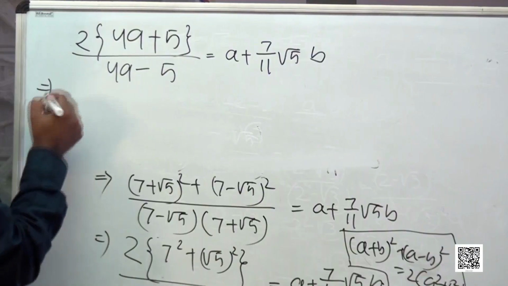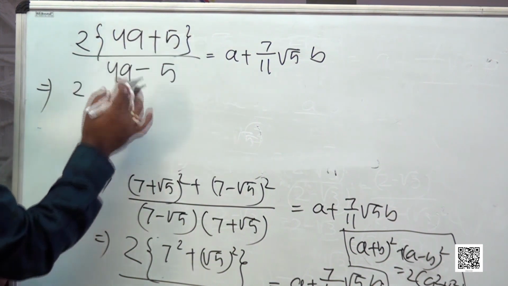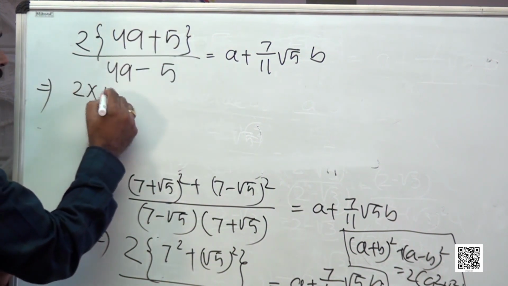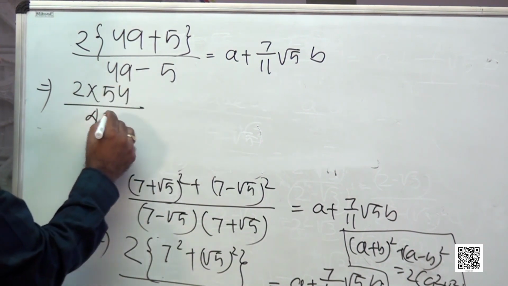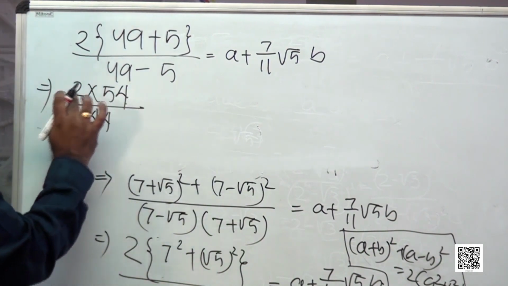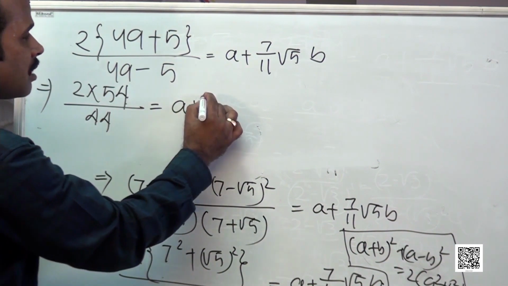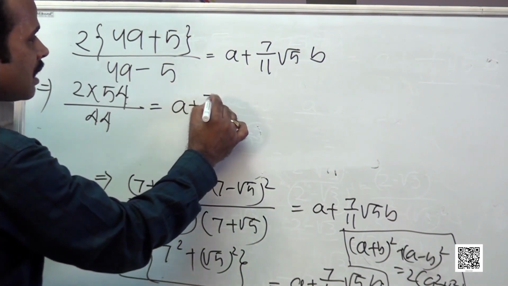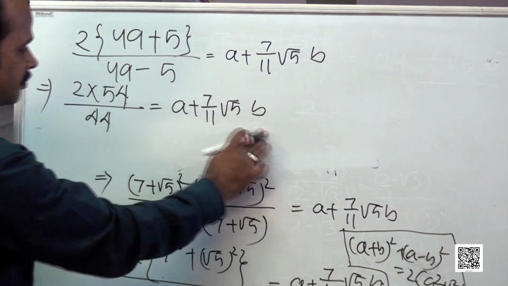Now what do I get here? This is 2 into, 49 plus 5 becomes how much? It is 54, divided by 49 minus 5, it becomes 44. Okay, so let me write it as 2 into 54 by 44 is equal to a plus 7 by 11 root 5 into b.